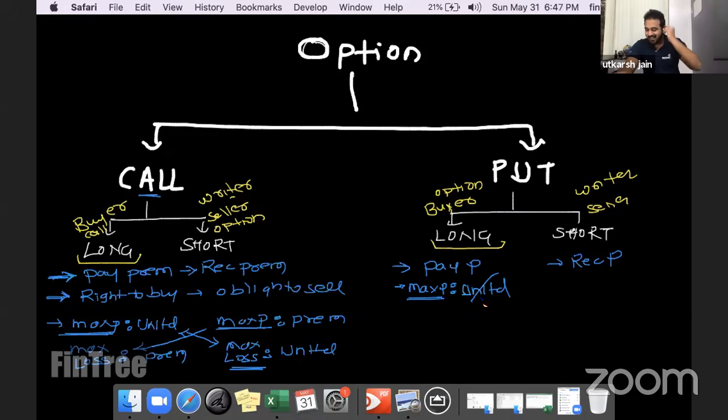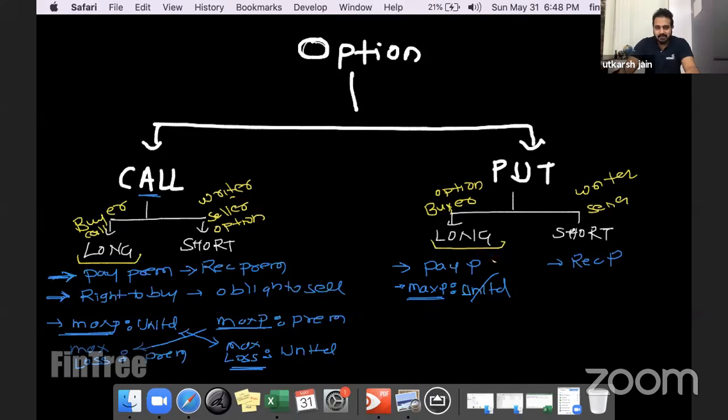Now, this is theoretical finance, but clearly we've seen that prices can go below zero.